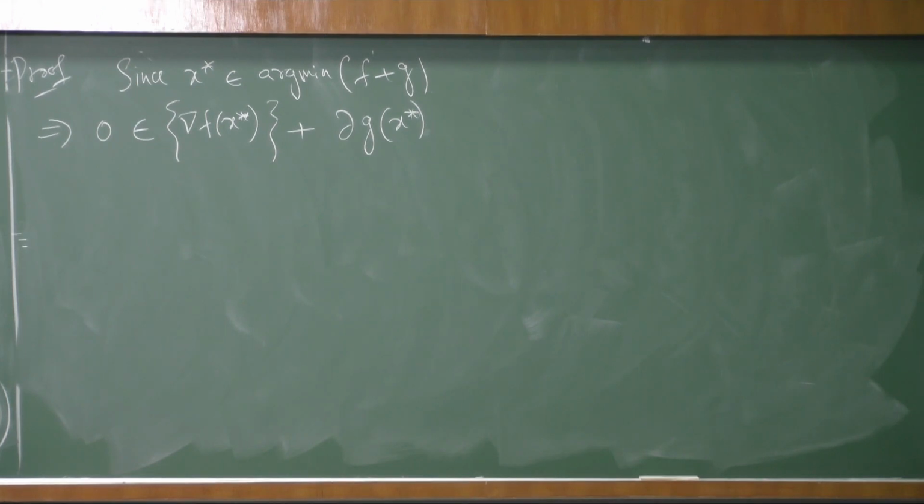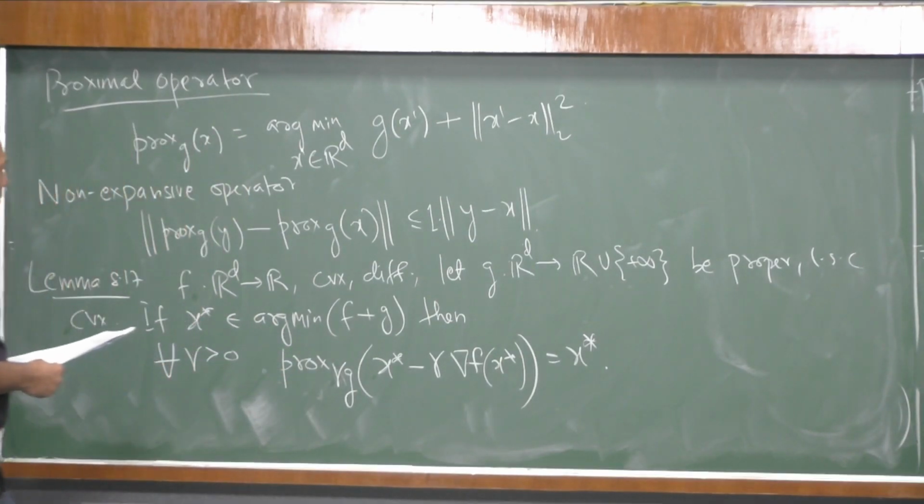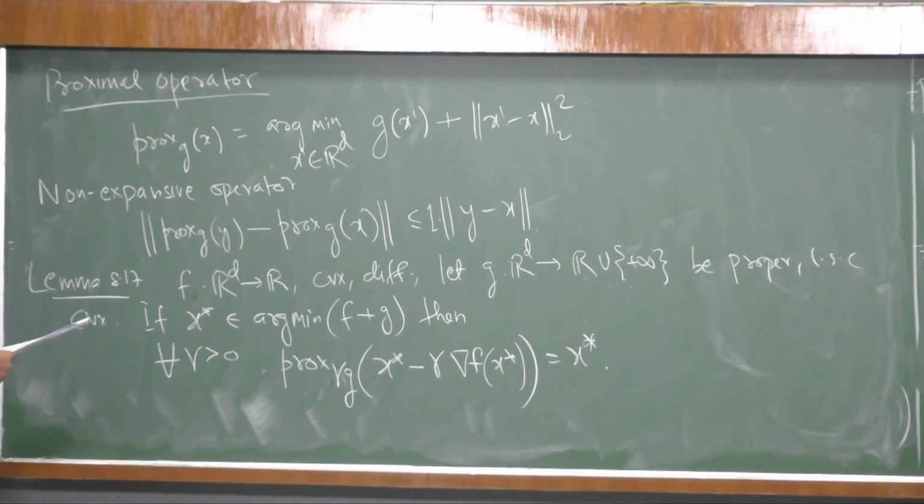Basically we have to go until here. We have to show the proximal, so we may want to compute the proximal. We are also supposed to get the gamma here, so we will try to scale g by gamma.